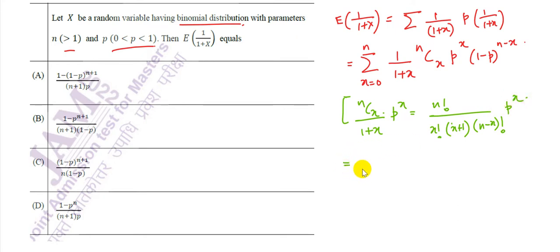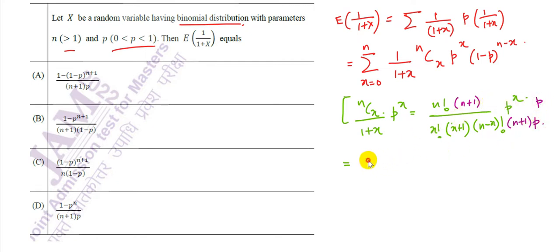So this can be written as, now I multiply the numerator and denominator by n plus 1. Multiply the numerator and denominator by n plus 1, and also with p. I multiply the numerator and denominator with p.